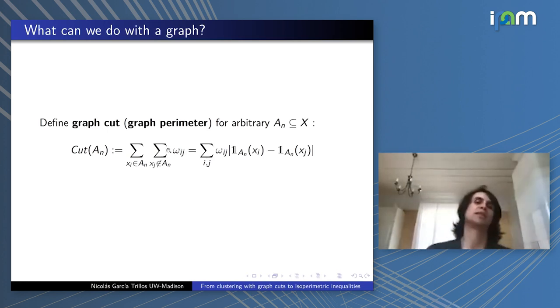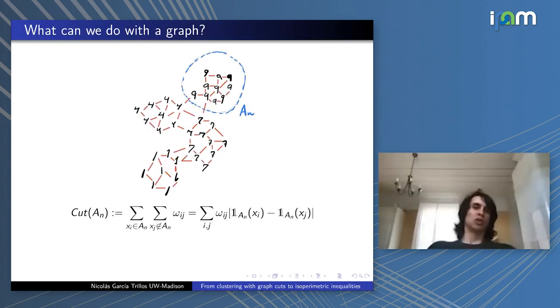One simple observation is that this geometric notion, just measuring the size of an interface, you can write in a more functional way, which we will later talk about more.